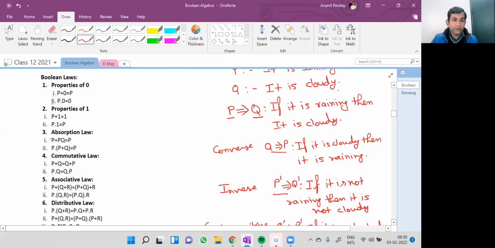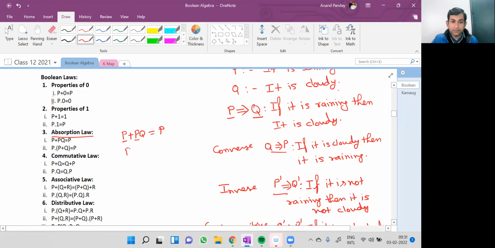Now next is absorption law. Absorption law. P plus PQ equal to P. This is absorption law. See here we have something common in this and this. Now let me explain this.